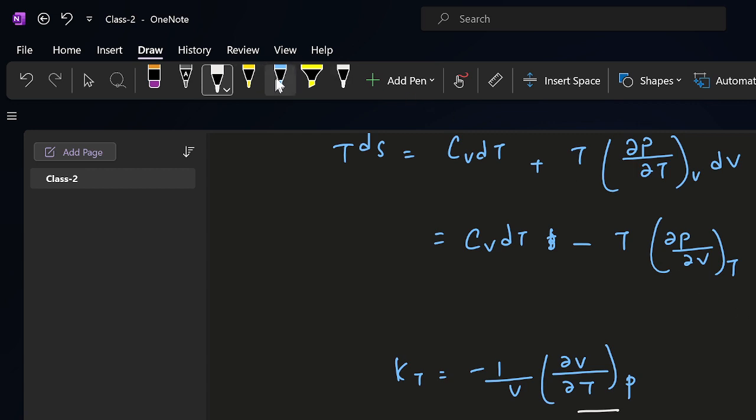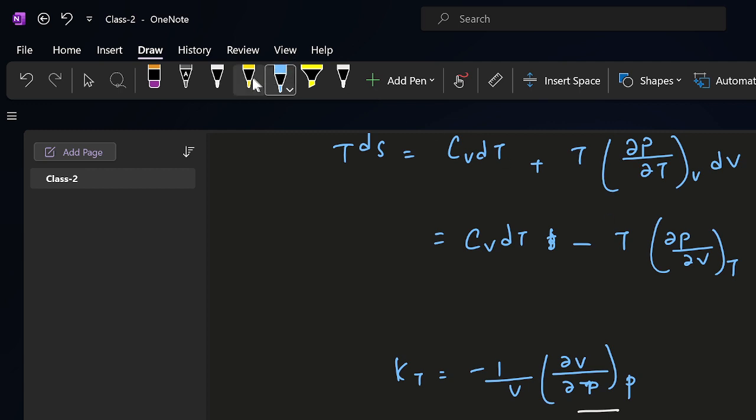And there is also an expression of alpha in the RHS. So what was the value of alpha? Alpha was simply 1 by v del v del t at p constant, the thermal expansion coefficient of volume. Sorry, I have made a mistake here. That is del v by del p, not del v by del t.